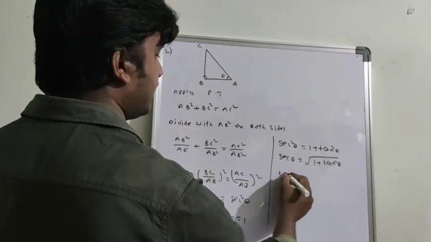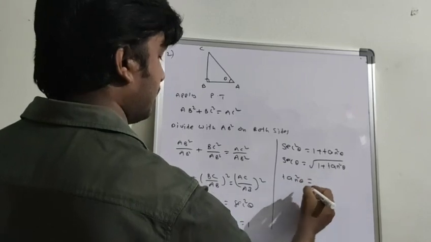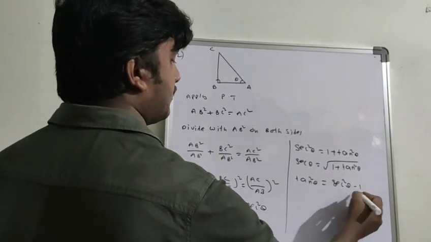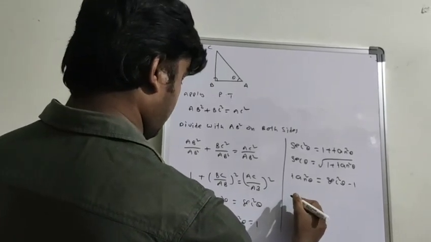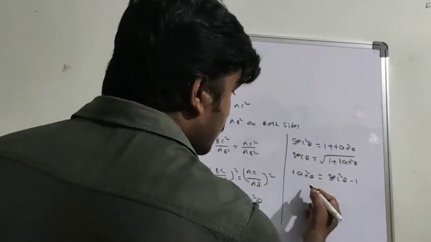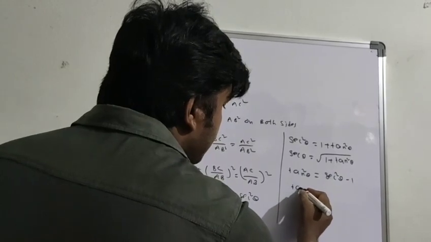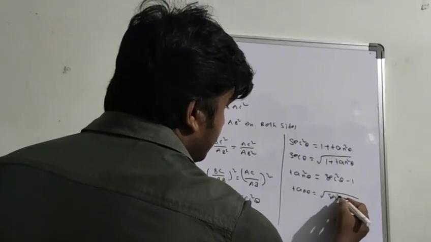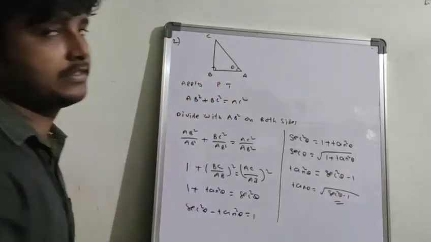So next one, tan square theta is equal to secant square theta minus 1, and tan theta is equal to under root of secant square theta minus 1. That's it.